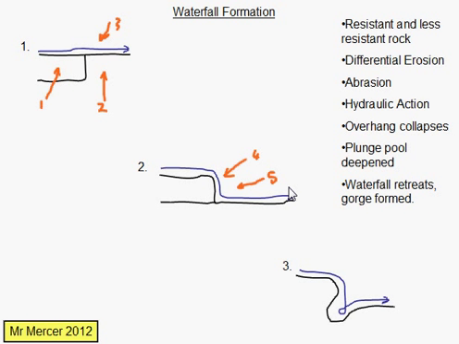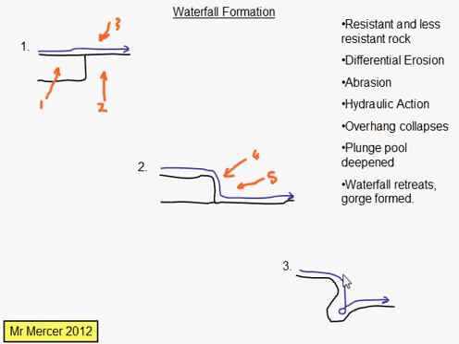For example, hydraulic action takes place wearing away the soft rock. That's 1 mark. If you went on to say that hydraulic action is when bubbles of gas are put under pressure through the force of the water into weaknesses or cracks in the rock, causing them to break apart, then you would gain further credit.